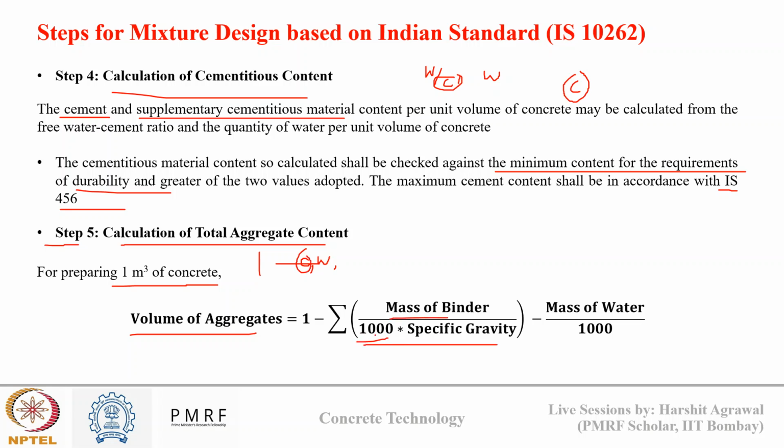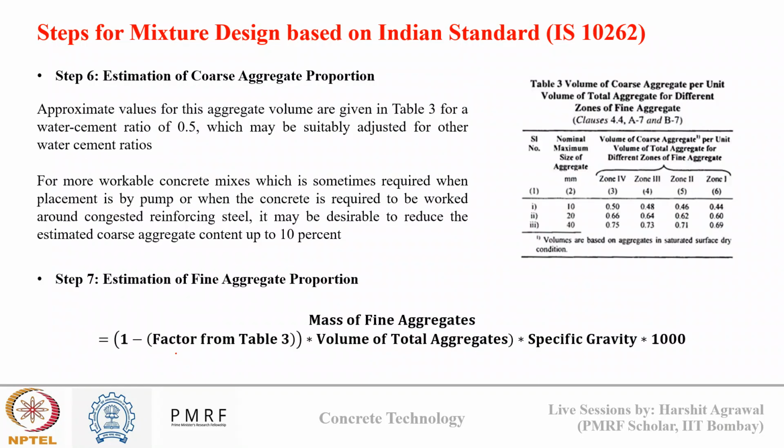So 1000 is the density of water, and I will divide the mass of water by 1000 to get the volume of water. And this will be my volume of binder, so cement and supplementary cementitious material will all be included. If I subtract volume of binder and volume of water, whatever remaining volume I get is the volume of aggregates.